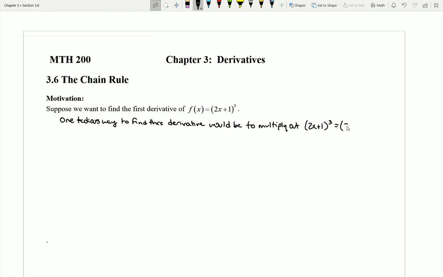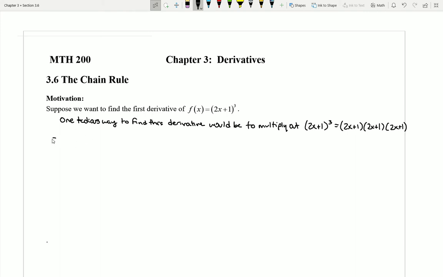That is, actually write this as 2x plus 1 times itself 3 times and do all of the associated distributing that goes along with this. And of course, once this is done, you could imagine that I'm probably just going to have a big long polynomial, right? I'm going to have x's raised to powers added to other x's raised to other powers.